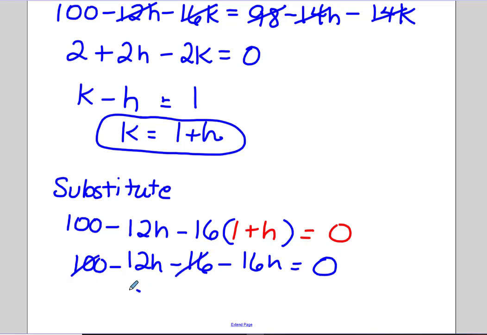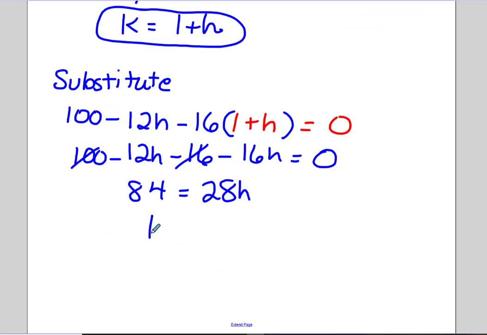So 84 is 28h. If we add that to the other side, then h is, see, 28 goes into 84 3 times. 8 times 3 is 24, 60. Yes, 84. So h is 3, and then we need our k value. Substitute back here. k is 1 plus 3, so k is 4.